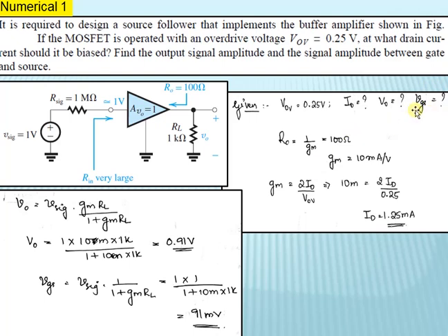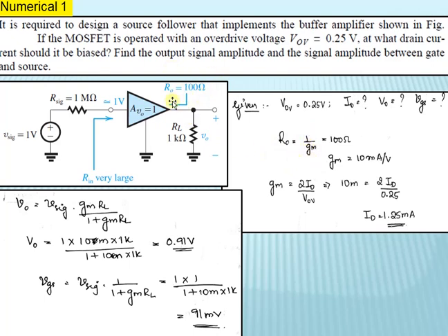Now in order to compute the value of ID, we need to know the value of overdrive voltage and the value of gm. To compute the value of gm, we use R0 equal to 1 by gm.